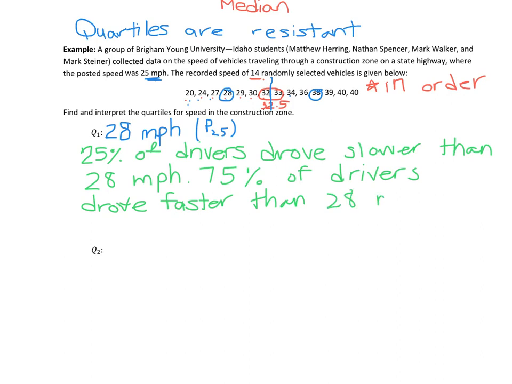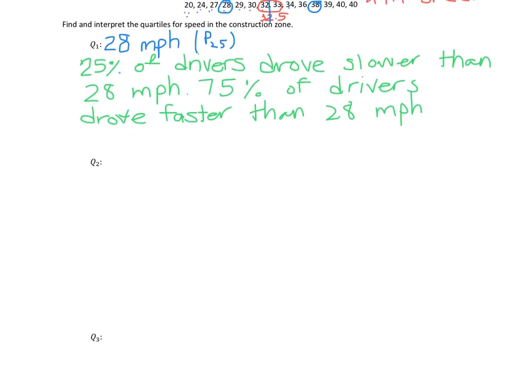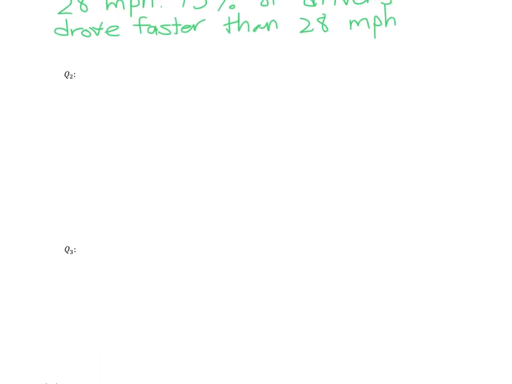All right. And so we can repeat this for the next 2. Really similar. Your next quartile, we already said, was 32.5. We're going to remember our units. And then the interpretation of the median or the quartile 2, again, remember it's a percentile.